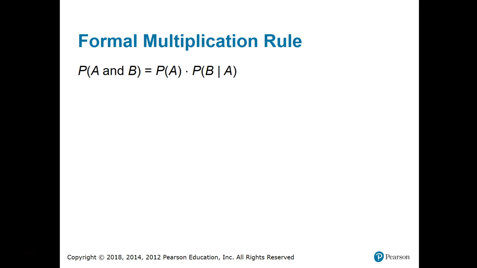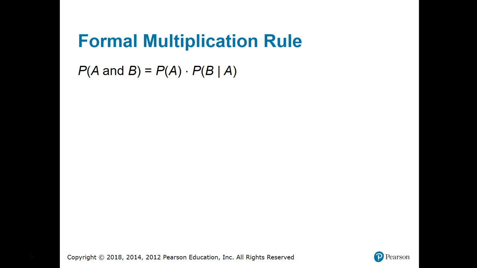Wait. Raining and cloudy. Okay. The probability that it's raining and cloudy is equal to the probability that it is raining times the probability that it's cloudy given that it's raining. There we go. And you can also just use that to flip it around.